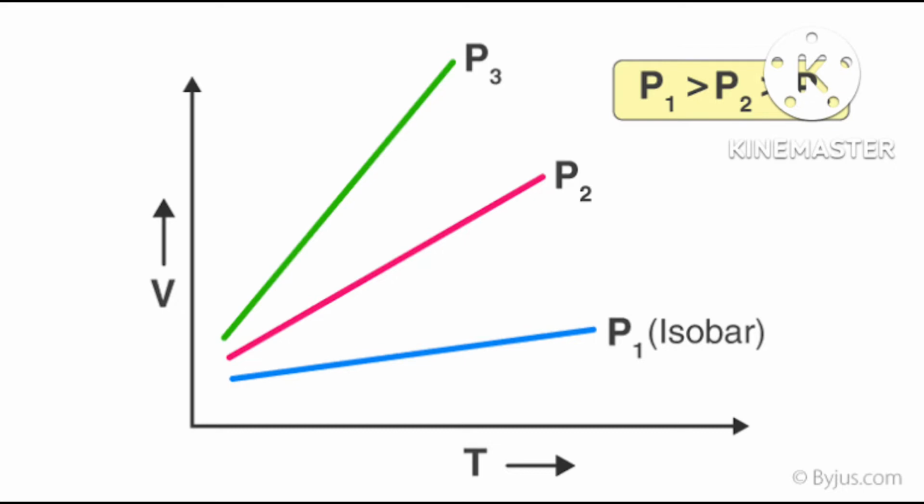What was the volume at 0 degree? Some increase took place in that. The important thing is 1/273.15 of the original volume at 0 degree centigrade.